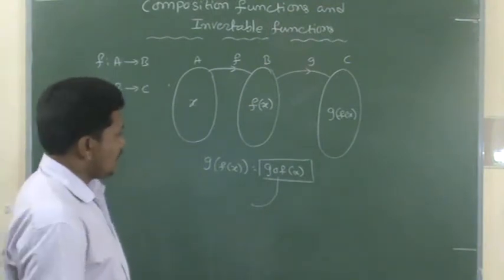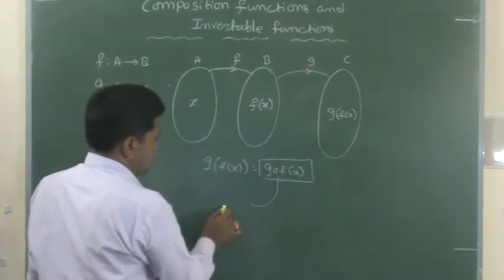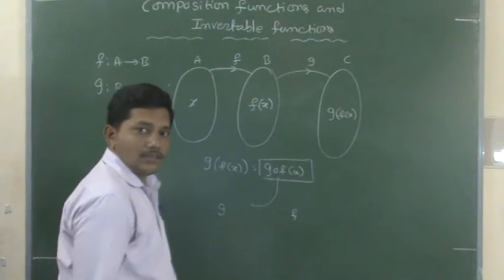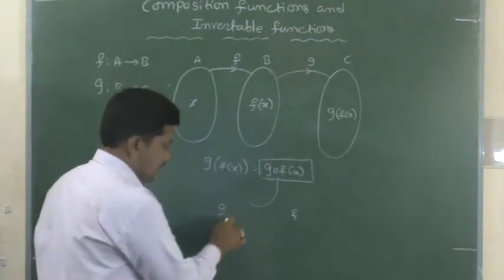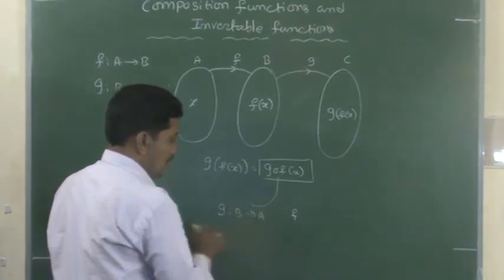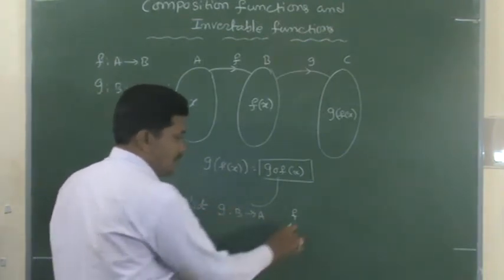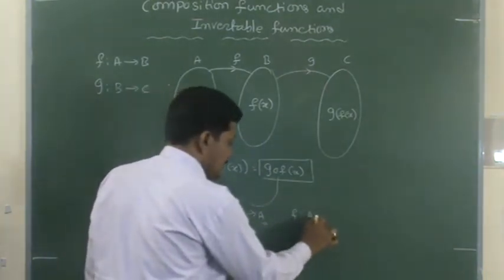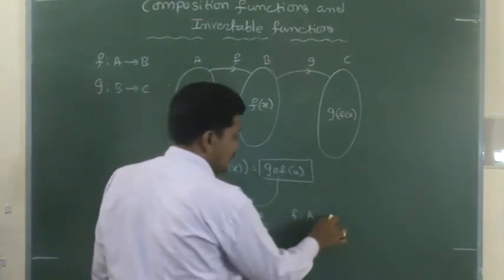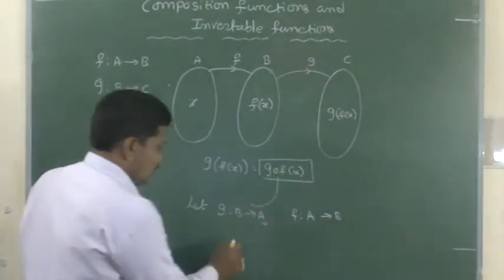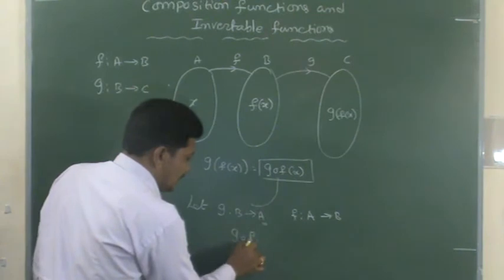In the same manner, first we consider g, next we consider f. Let g be mapping from B to A, and f is mapping from A to B. Where it ends, there we can start with the next function. Now, here we consider g circle f.